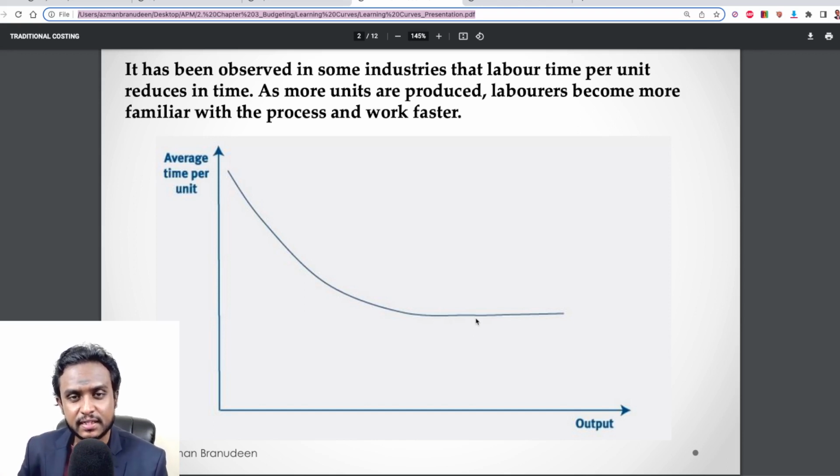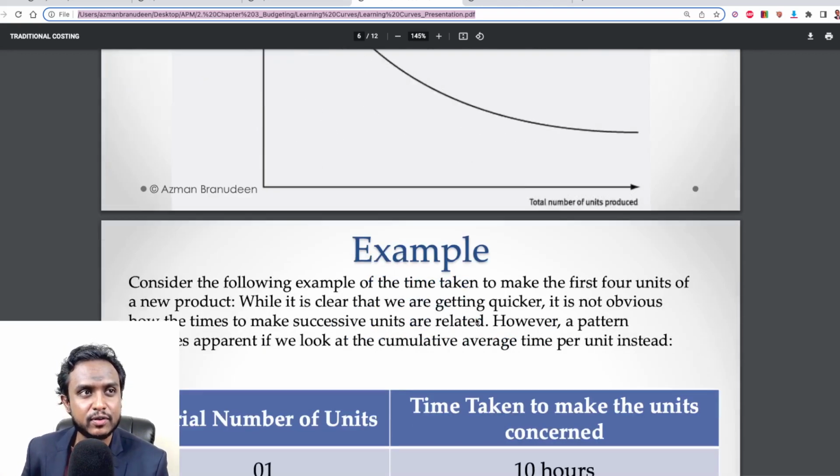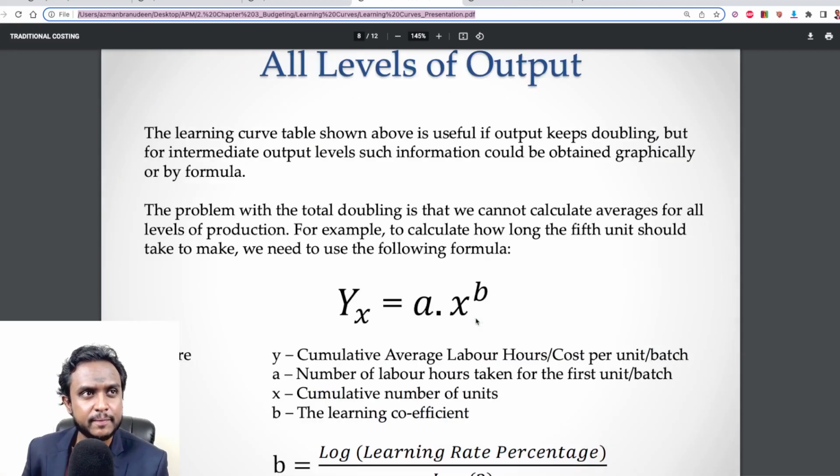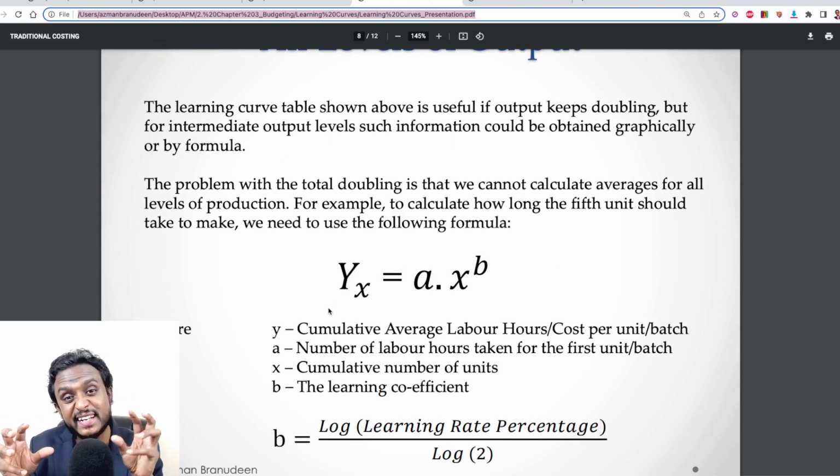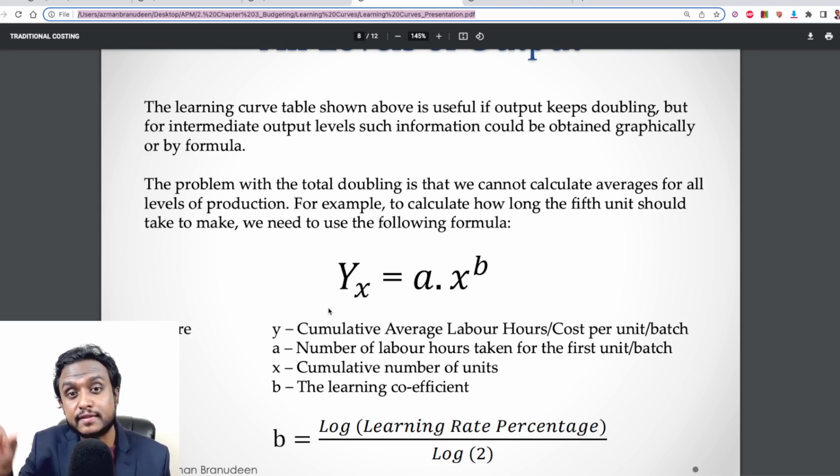You use this formula y = ax^b, where y is the total time. You calculate the time taken for 100 total units. Calculate y for 100 units, and you calculate y for 99 units, and you get the difference. That is the time taken for the 100th unit.